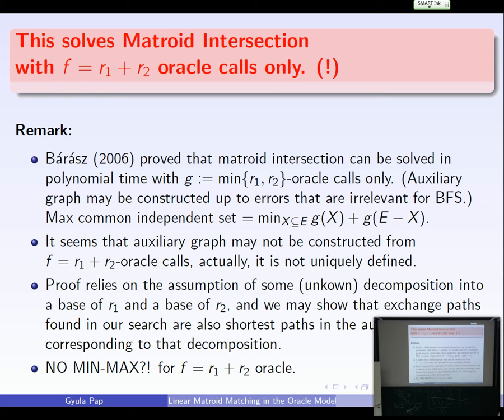The difference is only edges which don't have an impact on breadth first search. But for this other oracle, I don't know such a thing. I think that's not true. So we cannot reconstruct Edmonds' auxiliary graph from this oracle. That makes this thing interesting.